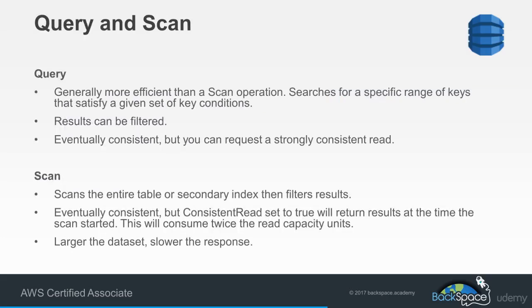There are two ways of receiving information from your database, and that is through a query or a scan. A query is more recommended and is generally more efficient than a scan operation. It only searches for a specific range of keys that satisfy a given set of conditions, unlike a scan that scans the whole table.